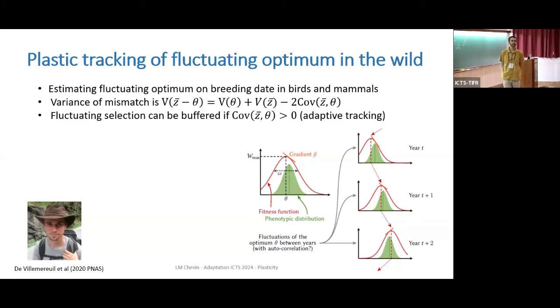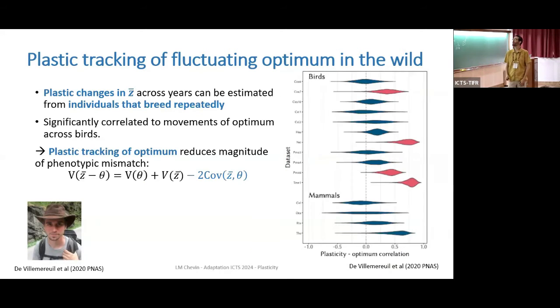In this study, we had individuals that reproduced over several years. We didn't have the environment per se, but we had the phenotype of an individual, the breeding time, in different years. Our assumption was that when they changed their breeding time, they did so because of plasticity in response to the environment.